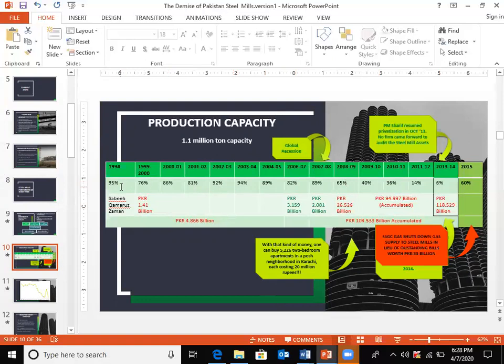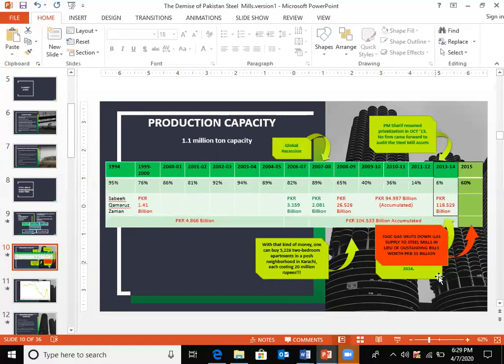So in 1994, it was at 95%, went down to 76, and then all the way down to 40% in 2009, lower even. In 2010, it went down to 36%, then down to 14%, and down to 6%. And this was in 2013-14.